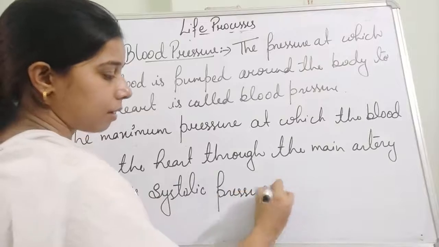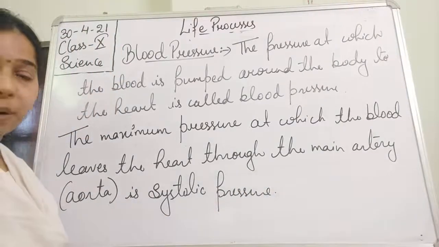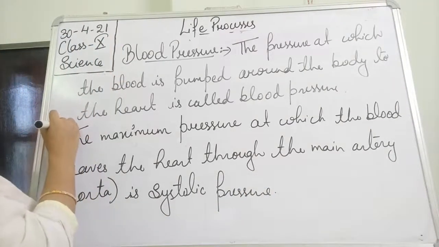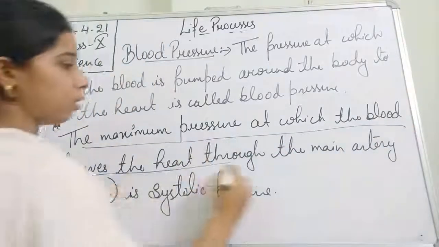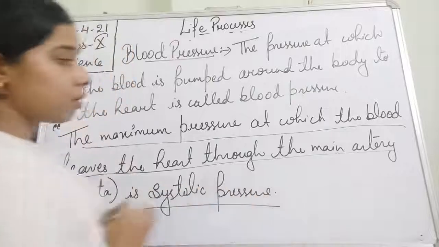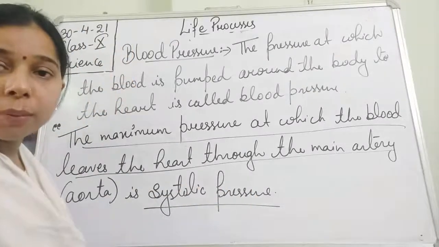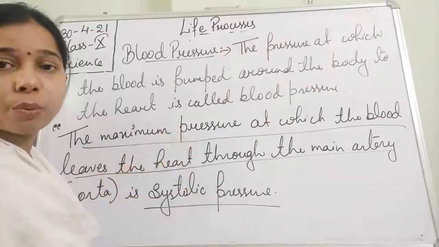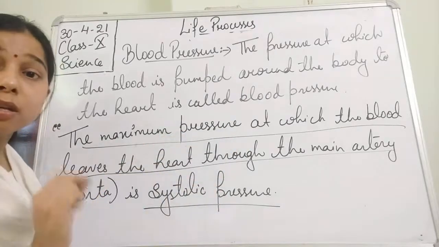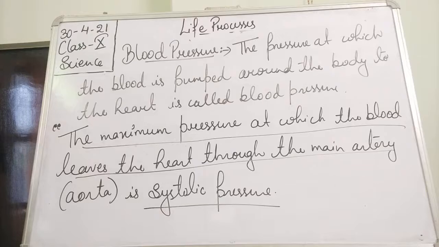That is called systolic pressure. So the maximum pressure at which it leaves the heart through the main artery is the systolic pressure. When it contracts to throw the blood into the vessel, that pressure is called the systolic pressure, students. Okay.